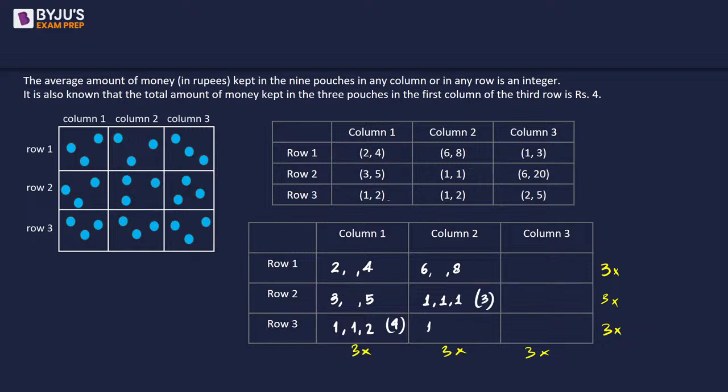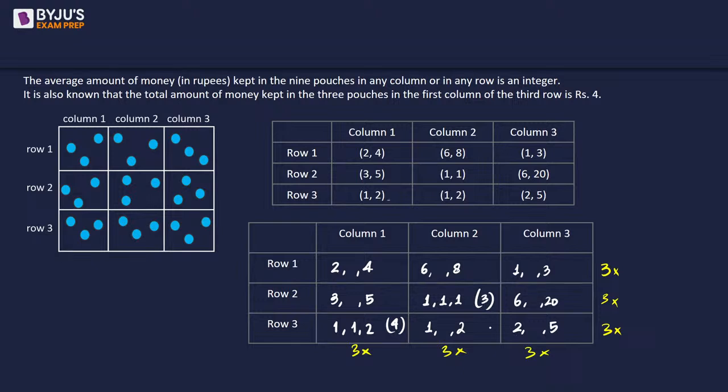Next we have 1 and 2, so minimum is 1, maximum is 2. Third pouch value is unknown. For column 3, it's going to be minimum 1 and maximum 3. For column 3, it's going to be minimum 6, maximum 20. And for the next one, it's minimum 2 and maximum 5.